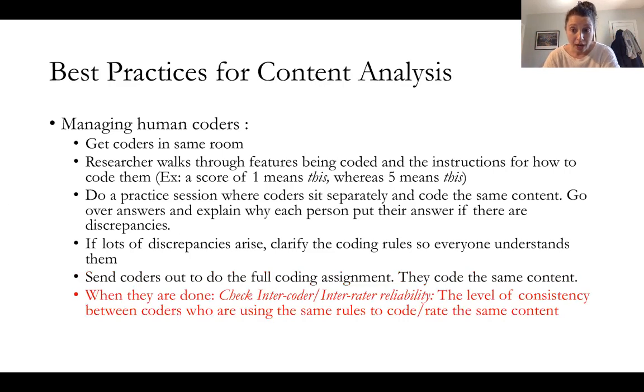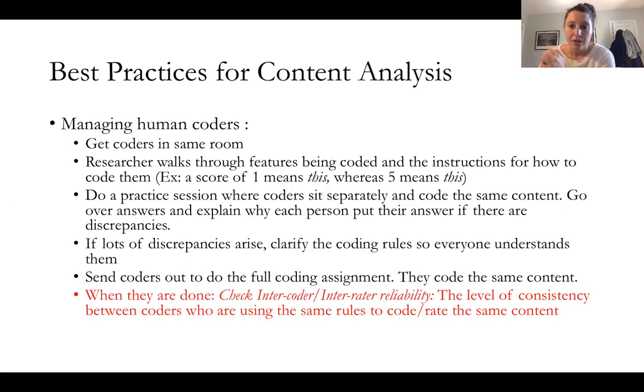When they are done, everyone sends their coding into the researchers. You can email it to the researcher. You say, these are all the codes that I gave the speeches. These are all the codes that I gave these speeches.